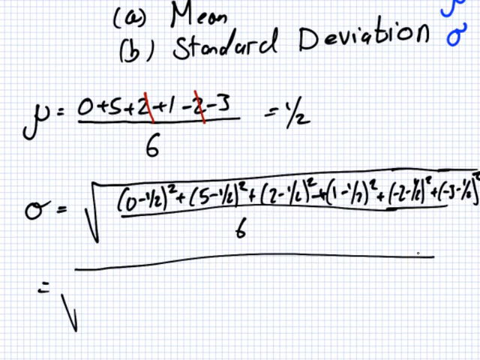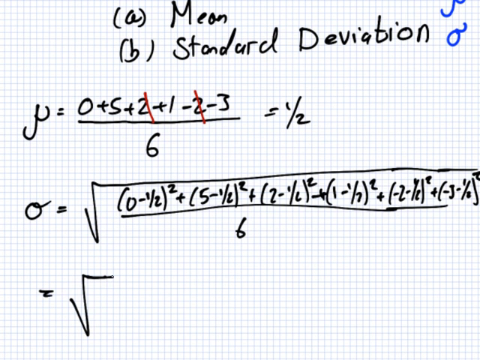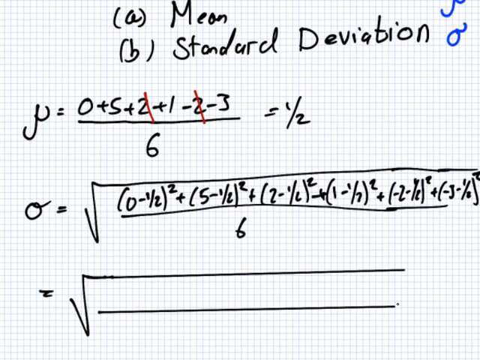So that will be a quarter. 5 minus a half is 4.5, which is 9 over 2, squared is 81 over 4. That's 3 over 2, squared is 9 over 4. That's 1 over 2, squared is a quarter. That's minus 2 minus a half, which is minus 5 over 2, squared is 25 over 4.